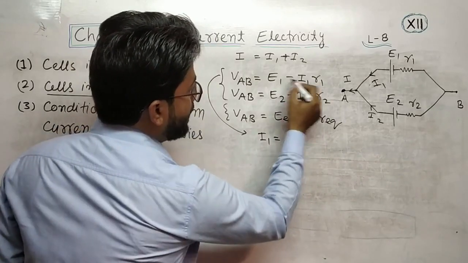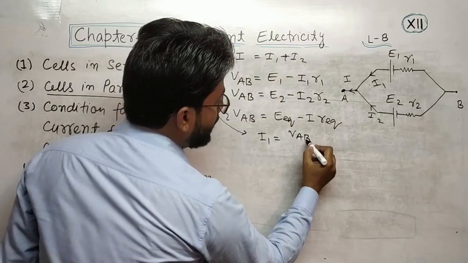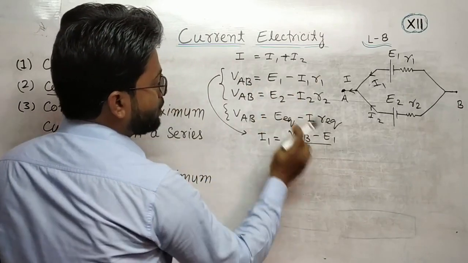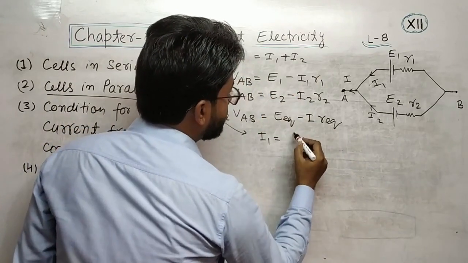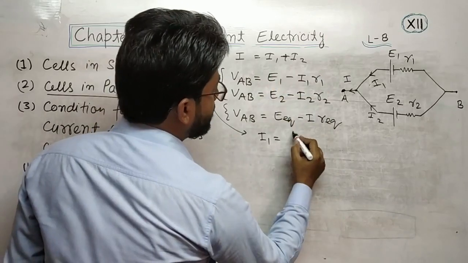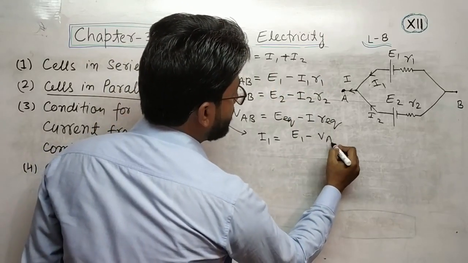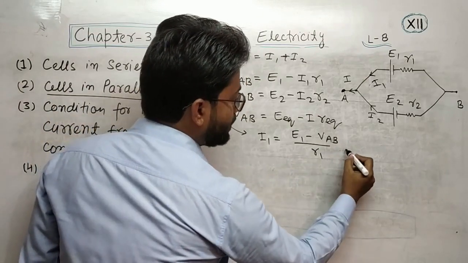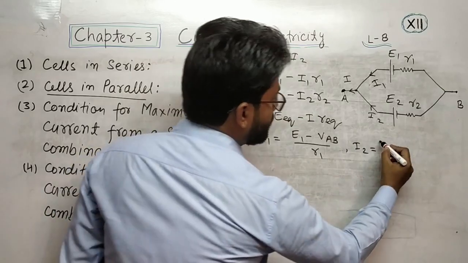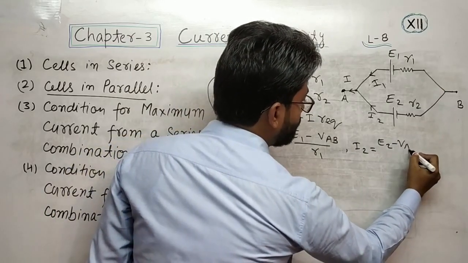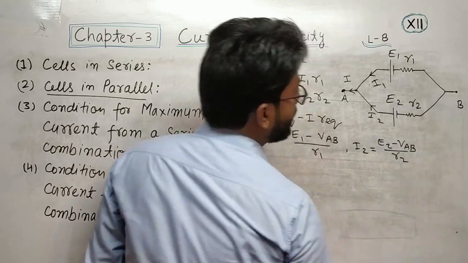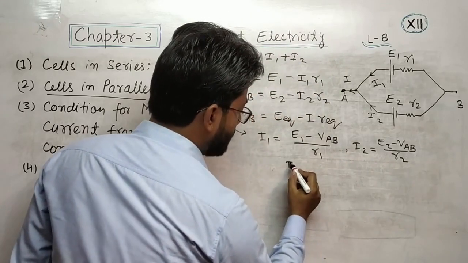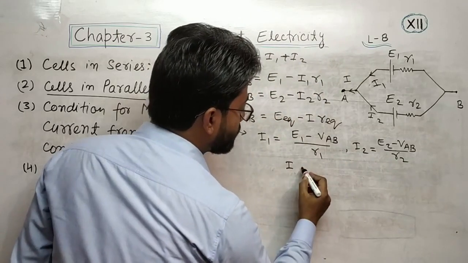I1 is equal to E1 minus V AB upon R1. Same like, I2 will be equal to E2 minus V AB upon R2, and same like, I will be equal to what?